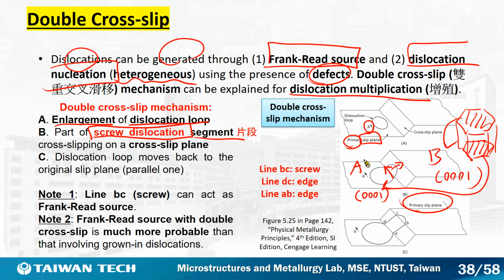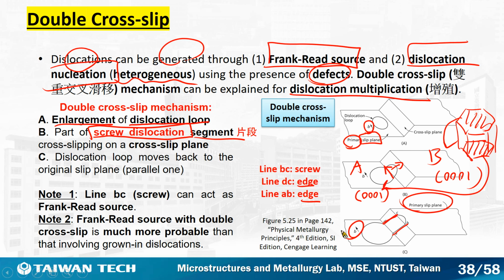And when, okay, we must first identify here. This CD, DC, and the AB, they must be edge. Okay, they must be edge. Because we identify a dislocation line here, we also identify the Burgers vector here.